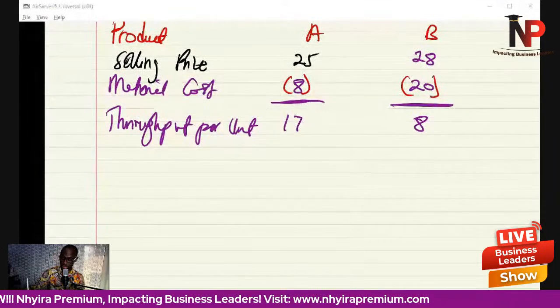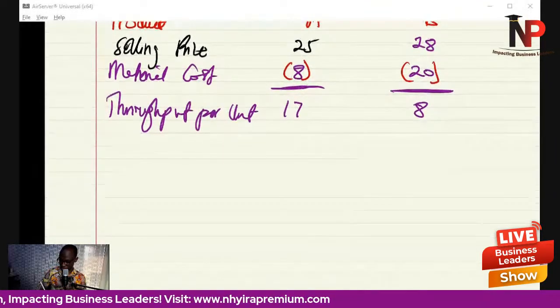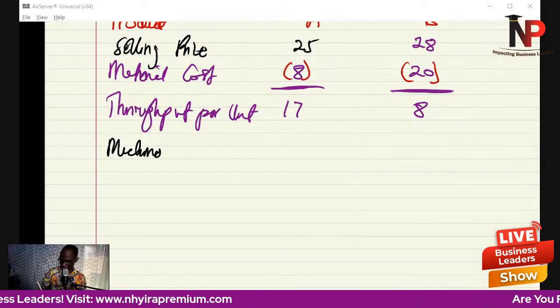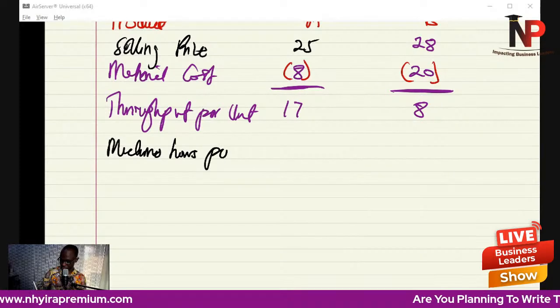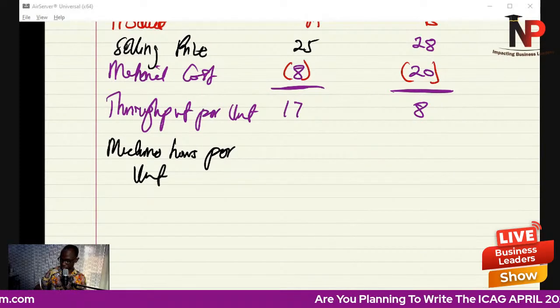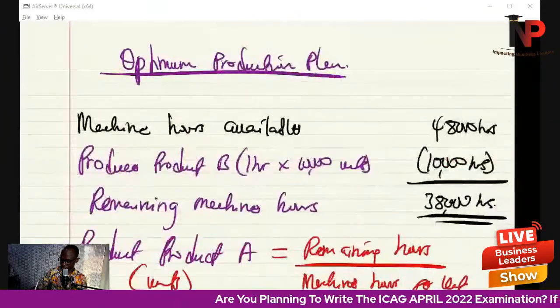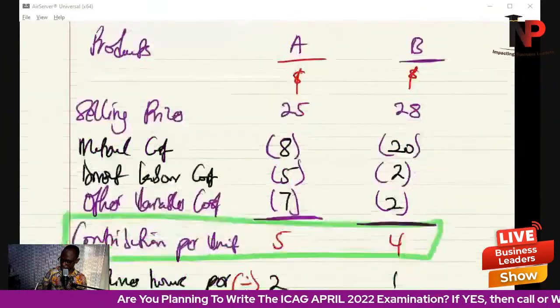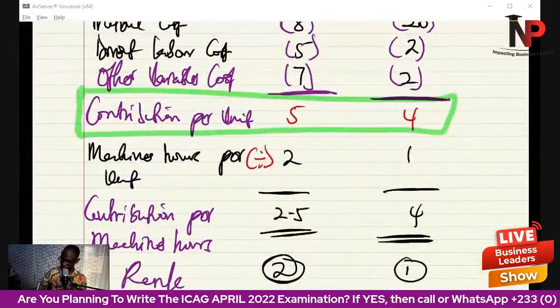Then we bring the machine hours per unit. If you remember, the machine hours is 2 and 1, I guess. Yeah.